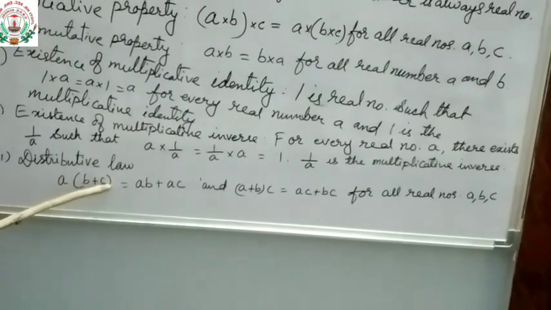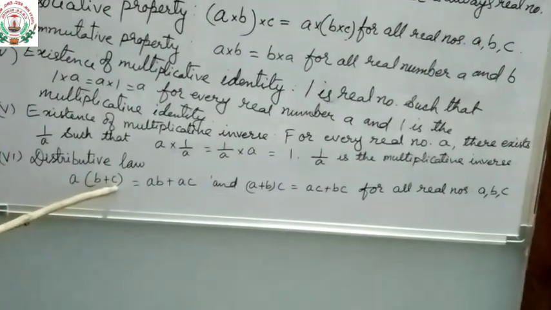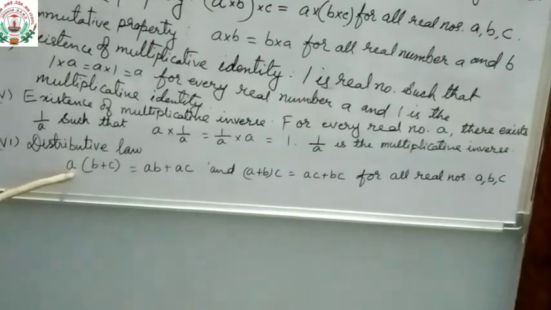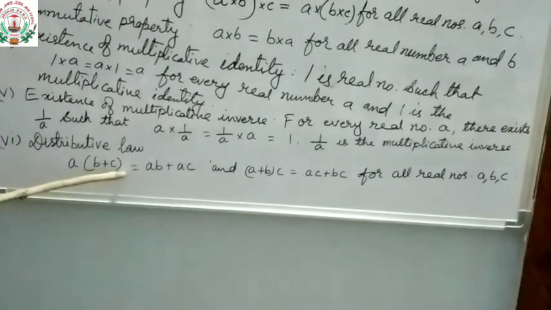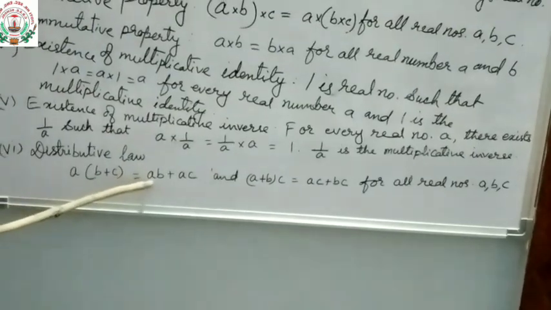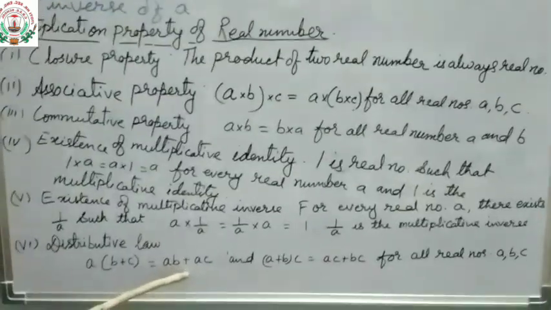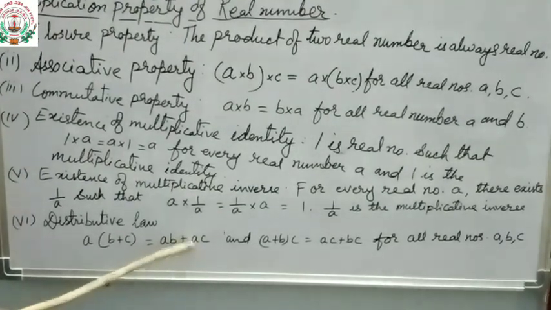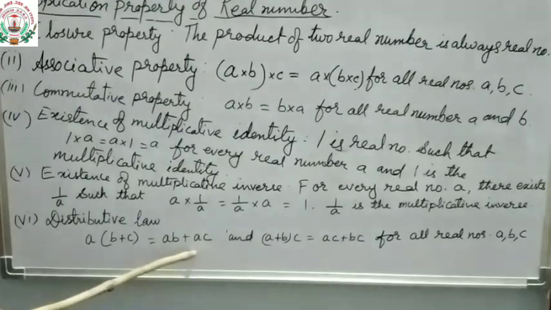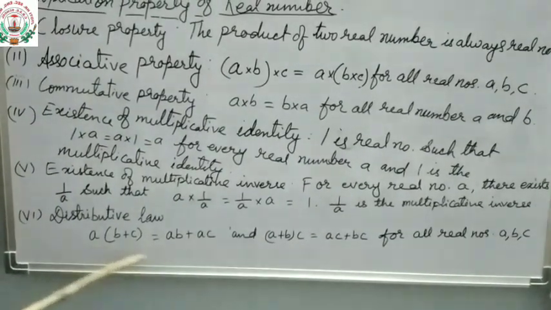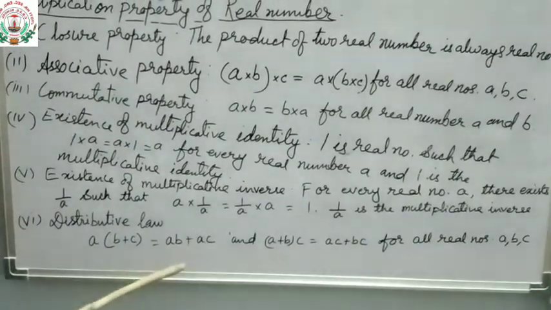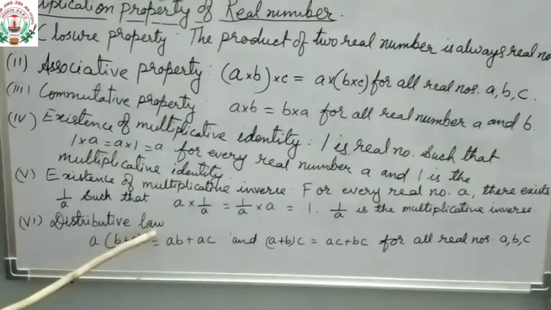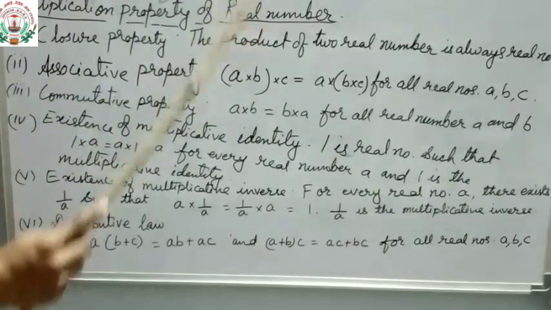In the same way, find the addition of B plus C, and then multiply it with 1 upon 2, which is the value of A, and check it out for LHS. You will see RHS also: A value 1 upon 2 and B value 1 upon 3, multiplication of these, plus 1 upon 2 into 1 upon 4, which is the value of A and C. See, both sides LHS and RHS you will be getting the same. So that means the distributive property is also true under multiplication property of real numbers.